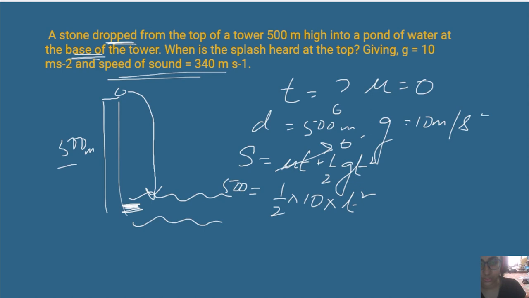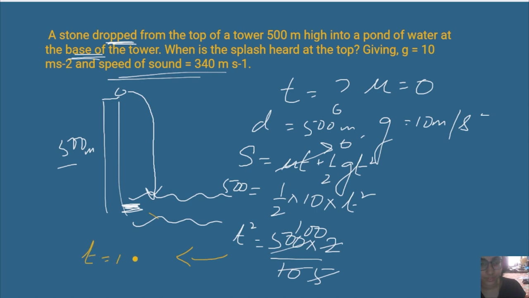So t square is 500 into 2 divided by 10. So t square equals 100, therefore t equals 10 seconds. So for the stone to drop to the base of the tower, it takes 10 seconds.